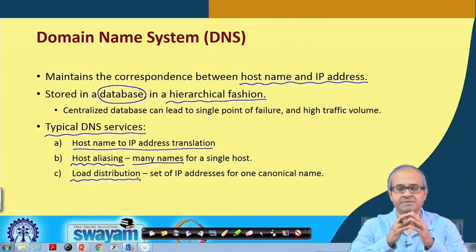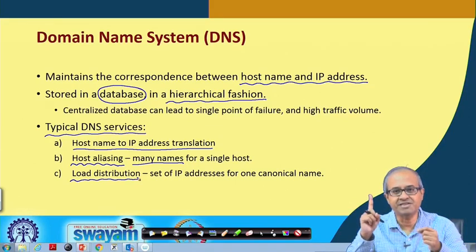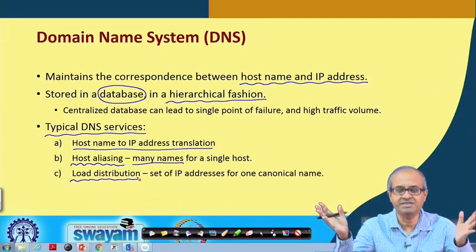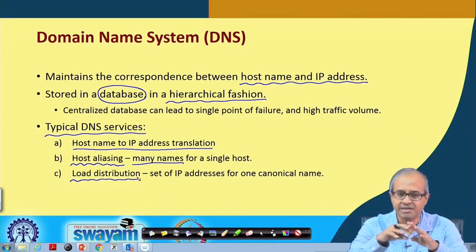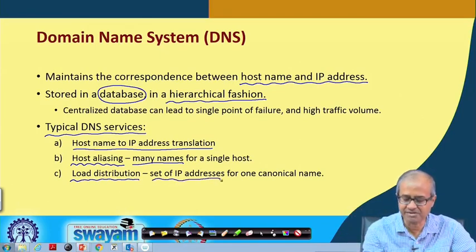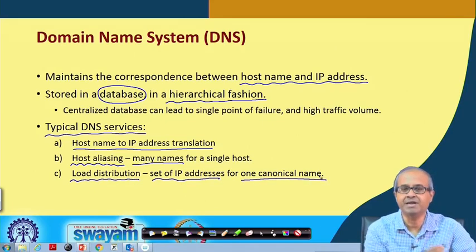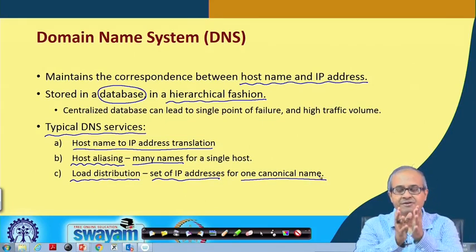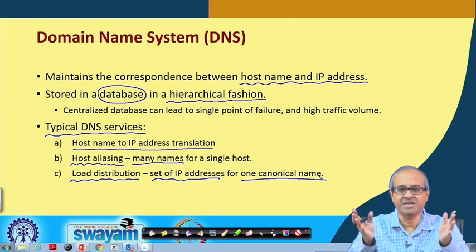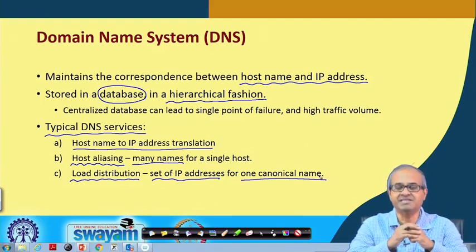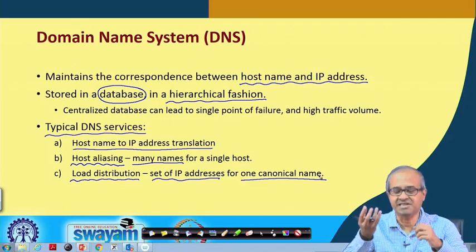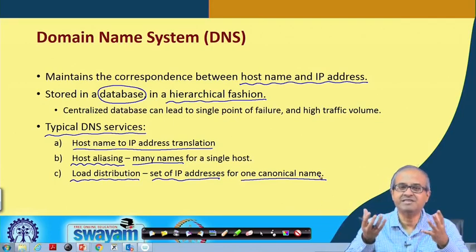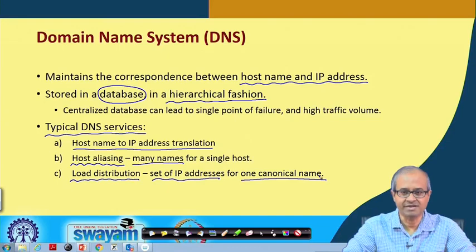I gave an example of google.com, but google.com does not refer to a single machine. There are a large number of machines maintained by Google, all having the same name google.com. There is a set of IP addresses for a single canonical name like google.com. This serves to have some kind of load balancing. Suppose I am sending a request to google.com, I will be contacting my nearest server. If there was a single server and everyone was accessing that, that server would have been really overloaded, right. Okay.